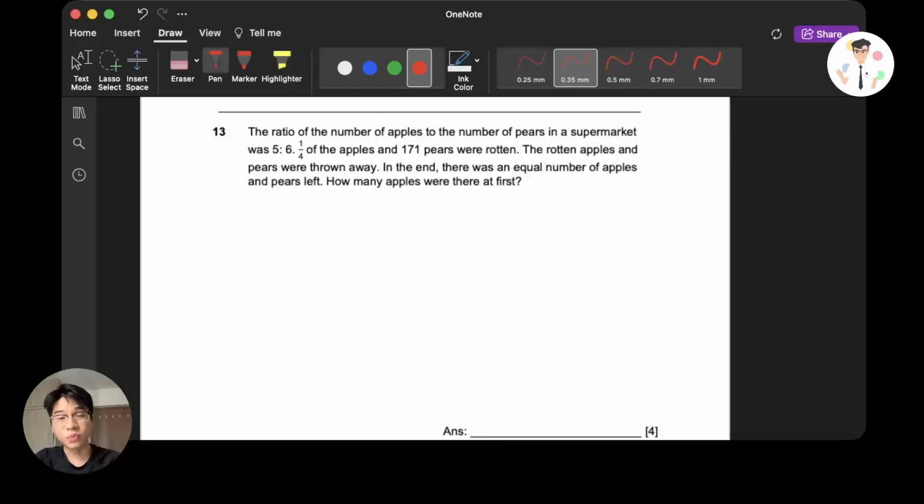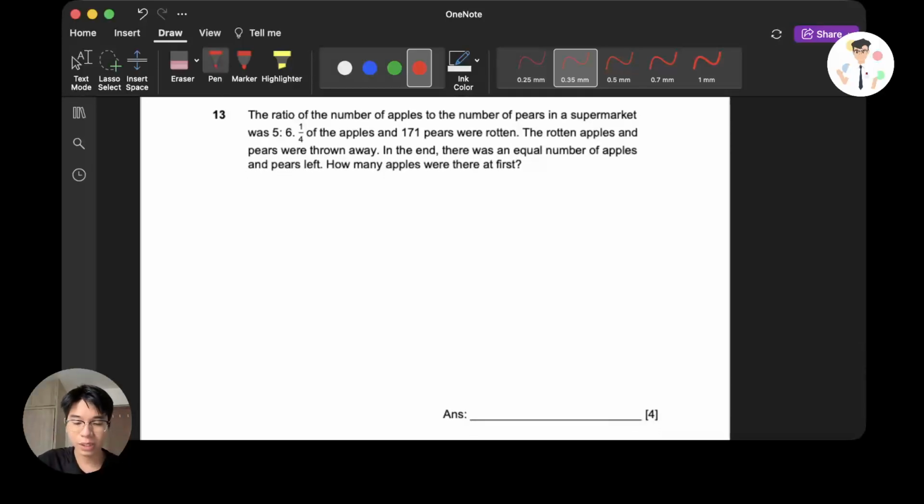Now question 13 will be slightly more challenging, because this is actually the equal concept. Let me just write here, this is equal concept, and this is type number 3.